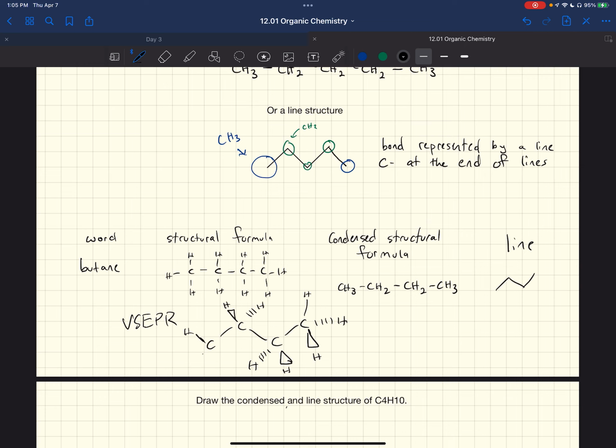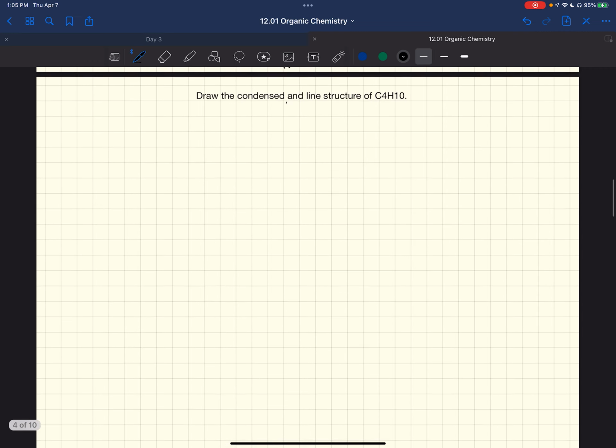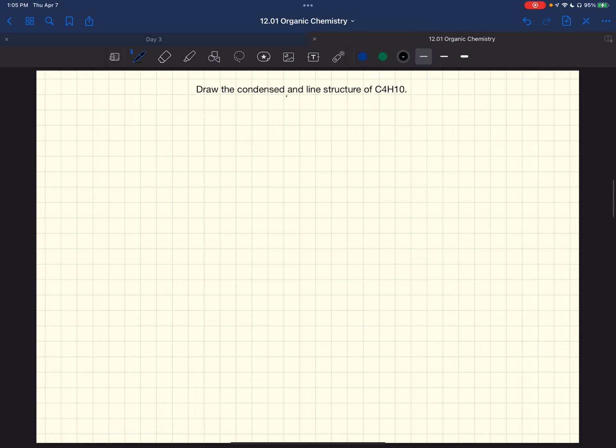It's also the biggest pain to write and the one that we use probably least. Okay, so these are all ways that we can represent butane. So you just need to be aware of that. All right.